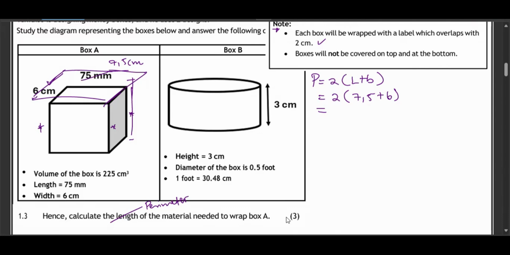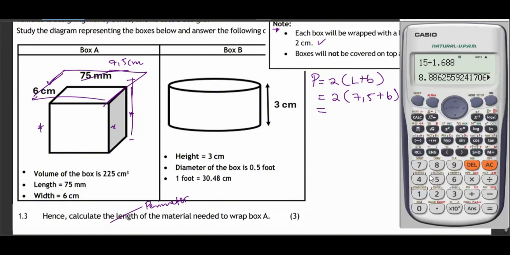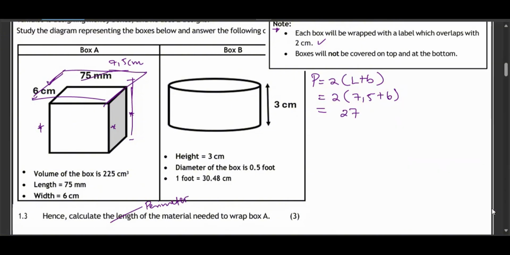Then this is 13,5, which is 27. 2 into brackets 7,5 plus 6 equals 27. So you've got that one. But remember, it has an overlap of 2 centimeters. So we shall add on the 2. The final answer becomes 29 centimeters.